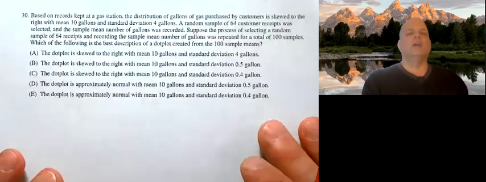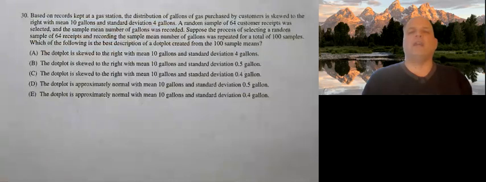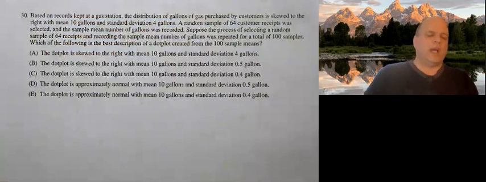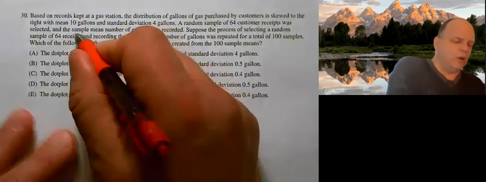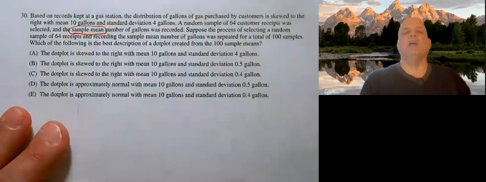Number 30. Based on records kept at a gas station, the distribution of gallons of gas purchased by customers is skewed to the right, with a mean of 10 gallons and a standard deviation of 4. A random sample of 64 customer receipts was selected and the sample mean, that's important, not the sample, but the sample mean number of gallons was recorded.